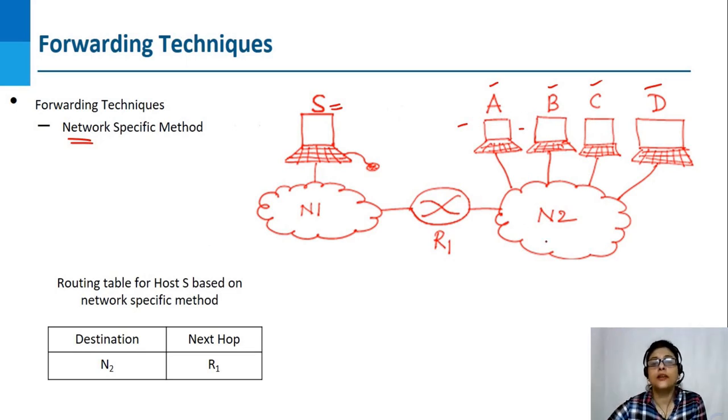Rather, the network N2 to which all these hosts are connected will be given as the destination. And the next hop should be R1, because R1 is the router through which network N1, where the source node S is connected, will be connected to network N2.